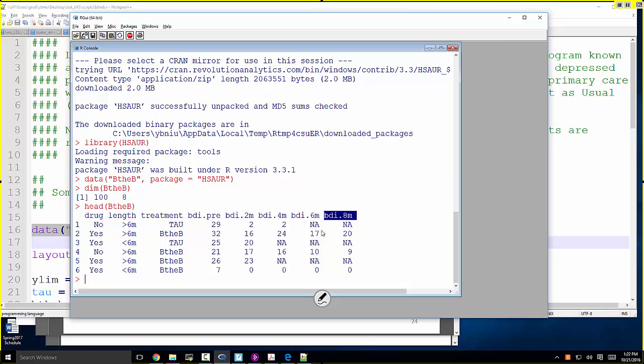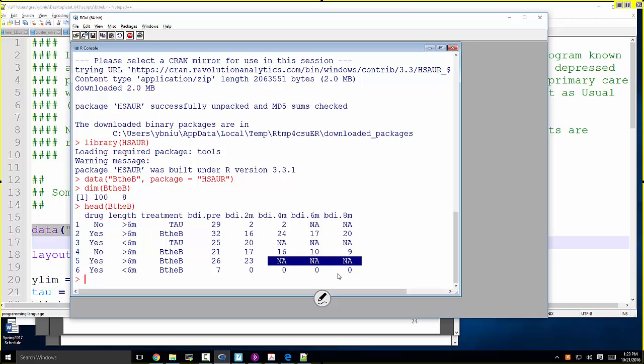And we have these at multiple time points, or at least we tried to. The clinical trial design was to collect this information 2 months after beginning the study, 4 months, 6 months, 8 months. You can see that there are some individuals who dropped out.